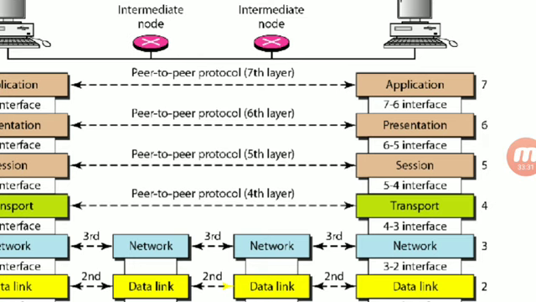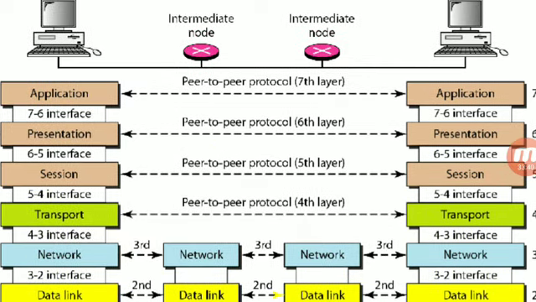This is how the information has flowed, but the application layer of one device should be matched with the application layer of the second device, and only then will person B be able to understand what the message means. So we call it a peer-to-peer protocol, which is agreed by both devices.